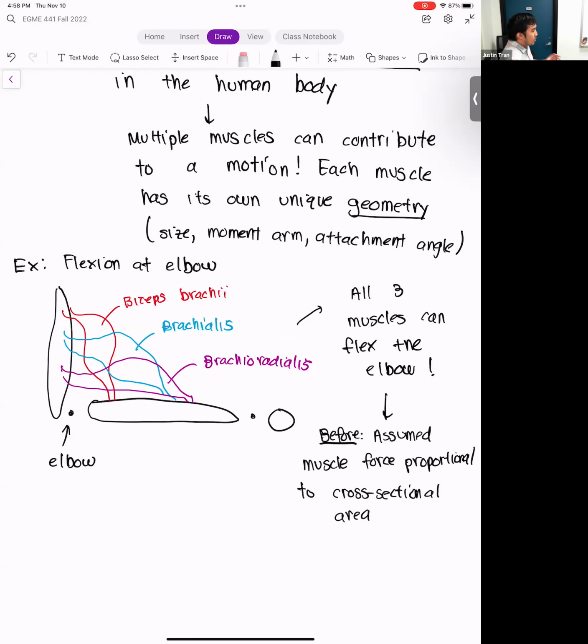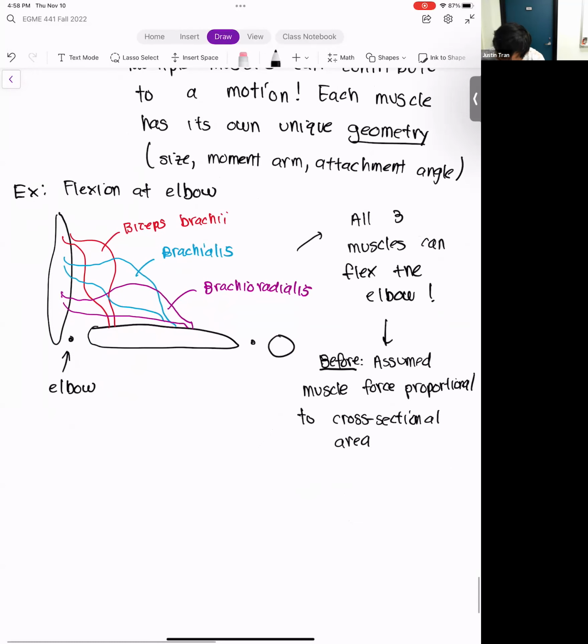Okay. What's really happening underneath your skin here is that, remember, your muscles are controlled by your central nervous system. And so your central nervous system is going to be the one that tells how much force each muscle here is going to contribute.